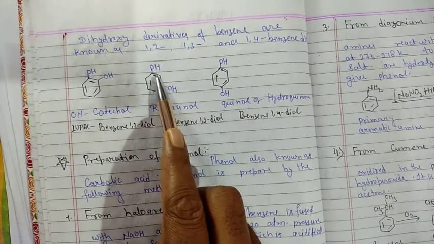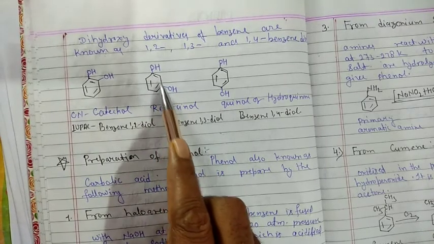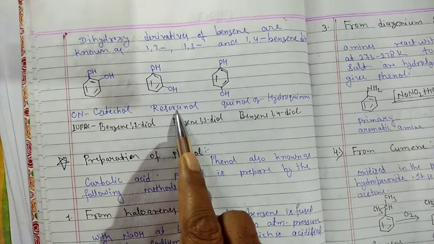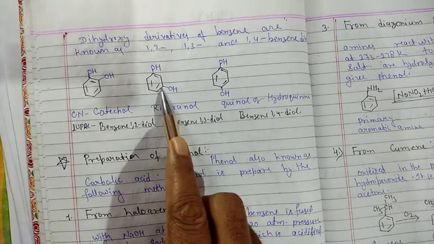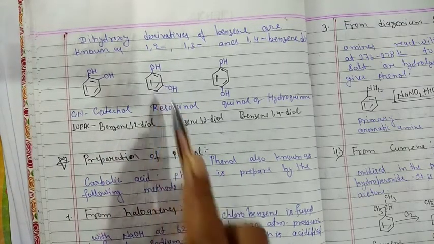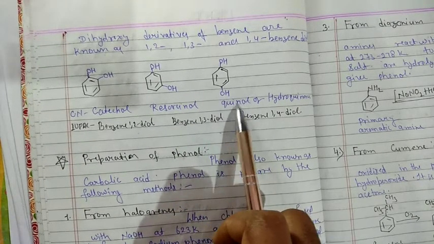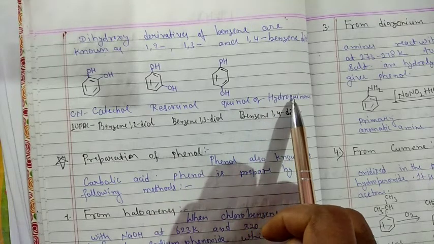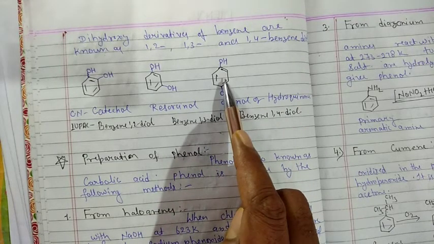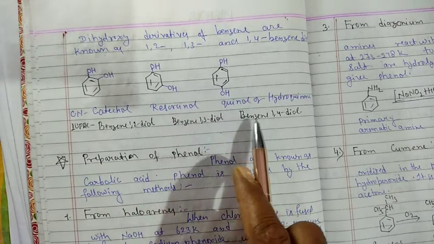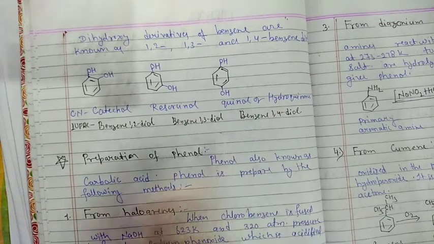If the OH group is present at 1,3, that is the meta position, their name is resorcinol and their IUPAC name is benzene 1,3 diol. This is quinol or hydroquinone. The hydroxy groups are present at the 1 and 4 positions, so their name will be benzene 1,4 diol.